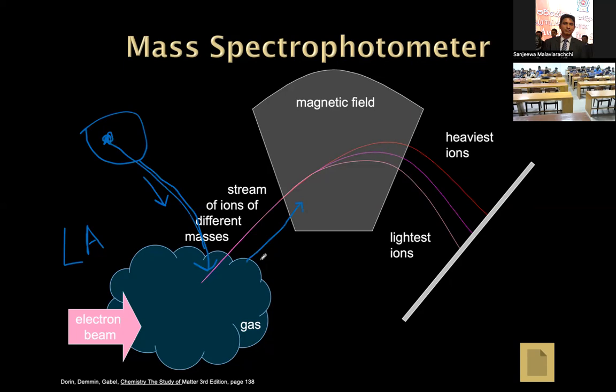And since it contains a lot of isotopes, right, there are many isotopes. Isotopes means they have different masses, right? The different masses of the same element. So depending on the mass, they will separate out, right? The heavier goes there, the lighter goes this way, right? So this kind of separation is happening in a mass spectrometer.